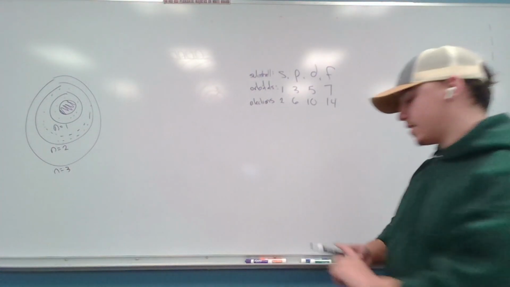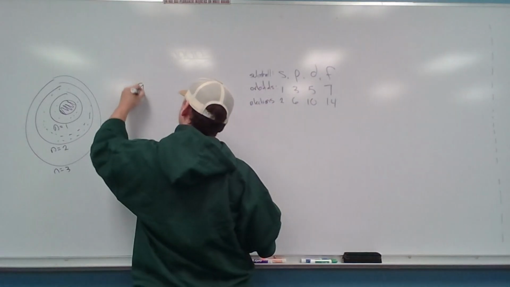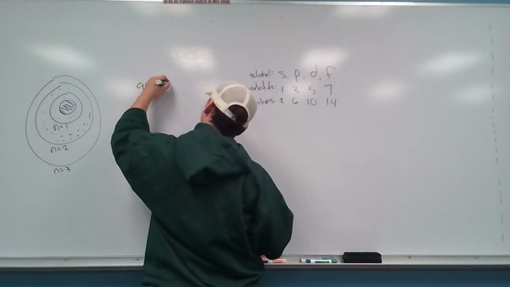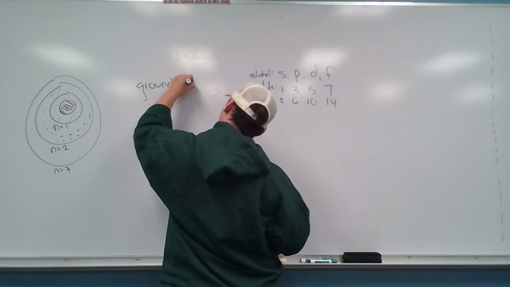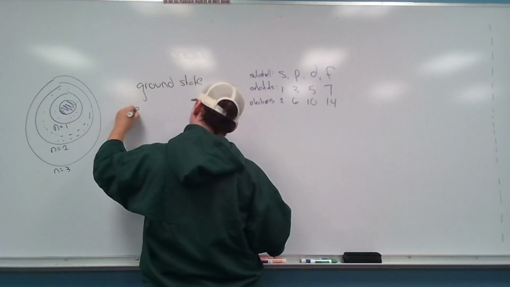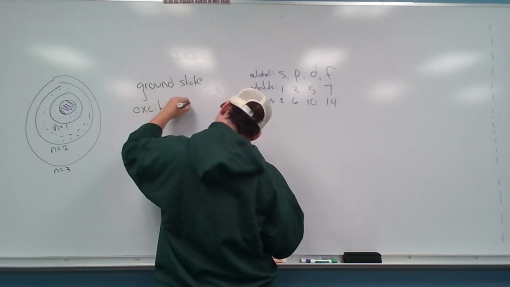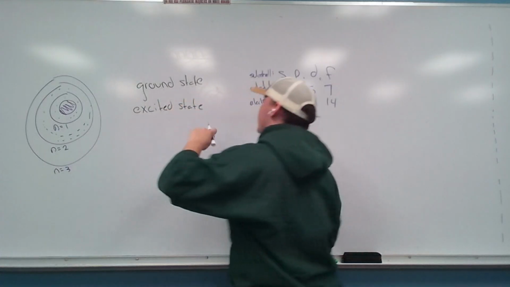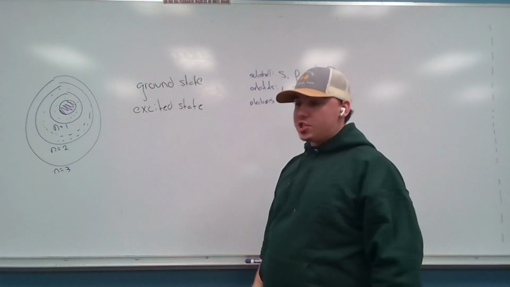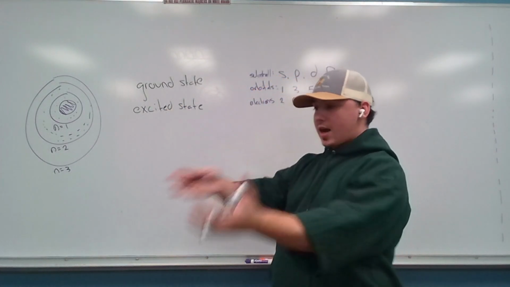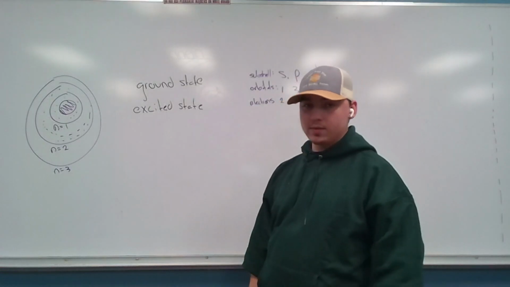There's the ground state and the excited state. I'm going to write this: ground state and excited state. So, ground state is just a basic atom, like here is a hydrogen atom.